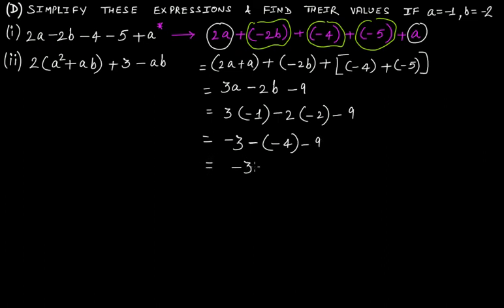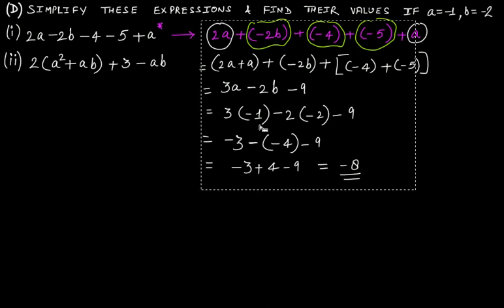This is minus 3 plus 4 minus 9. If you solve this, you get minus 8. So this is the value of this expression when a is equal to minus 1 and b is equal to minus 2. Again, always look at this first part, whether it has been asked to simplify the expression or not. That's really very important.